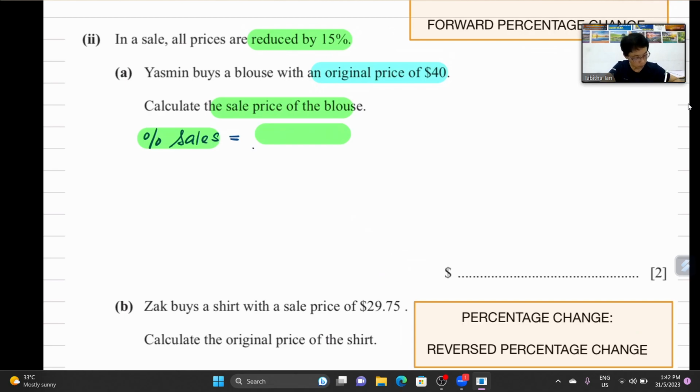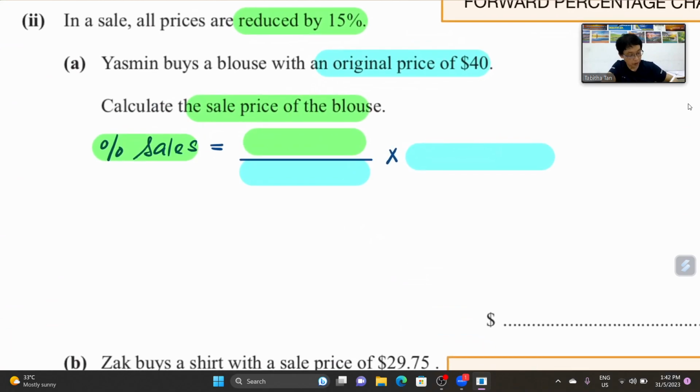The original will be the denominator, and you're going to multiply by the, okay, just to show you the pattern is more like an R. Now the percentage of change, it is reduced. When it's reduced, meaning subtract. So we're going to put down here 100 subtract 15%.